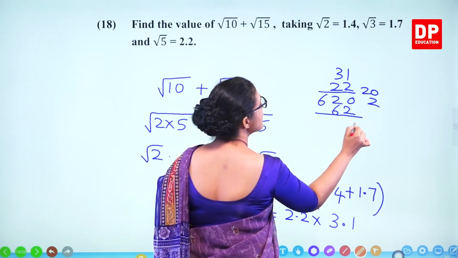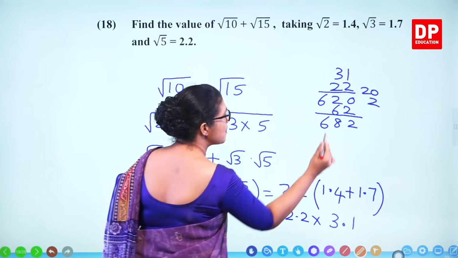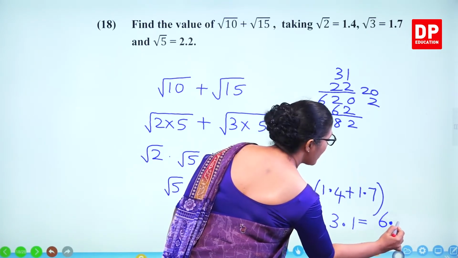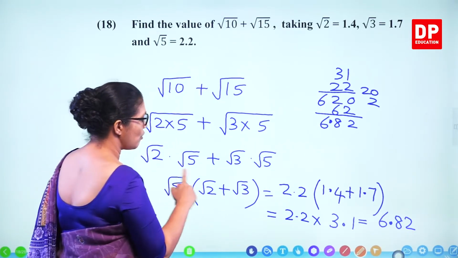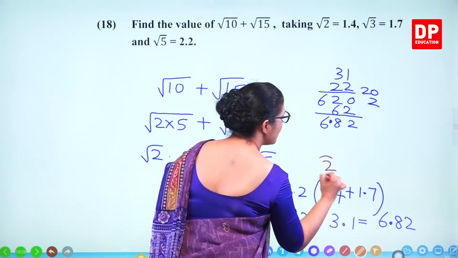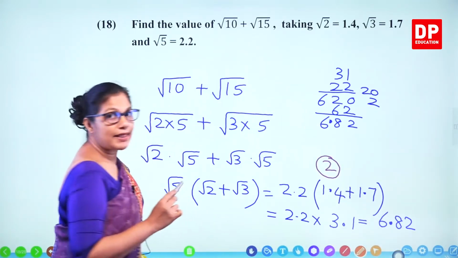So you get 682 and you have to keep 2 decimal places. So what's the final answer? 6.82. So that's the value of this. So you get 2 marks, 1 mark for the answer and 1 mark for the method.